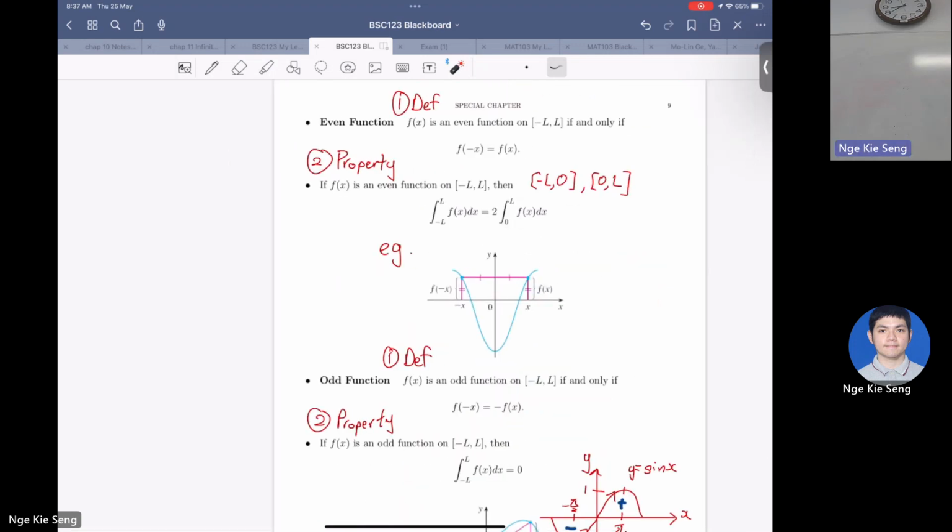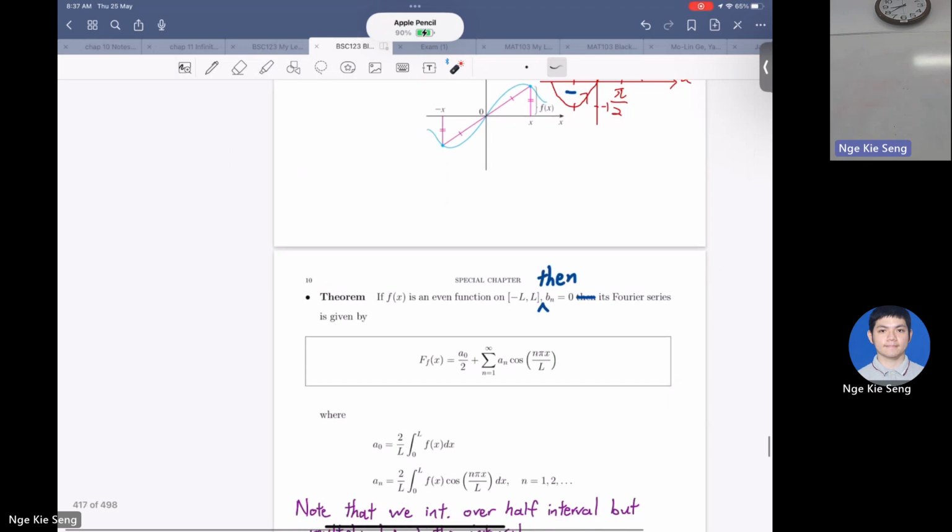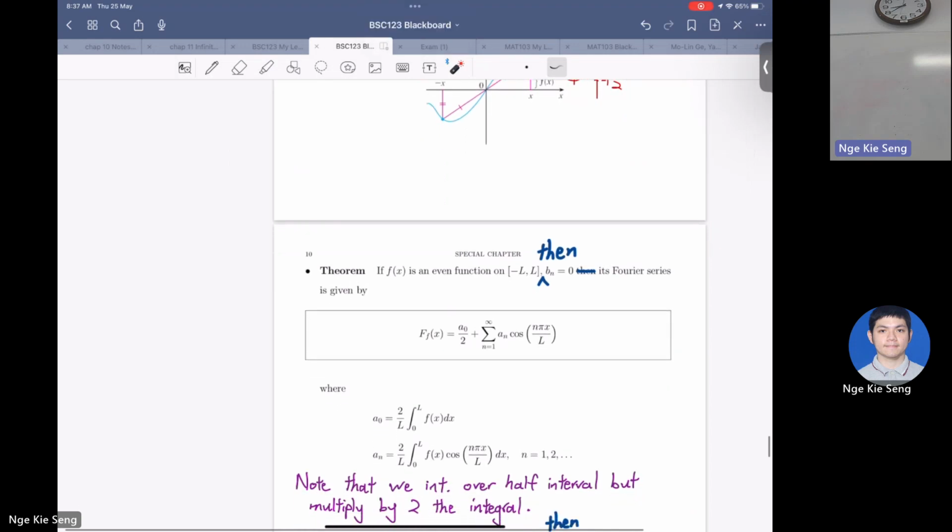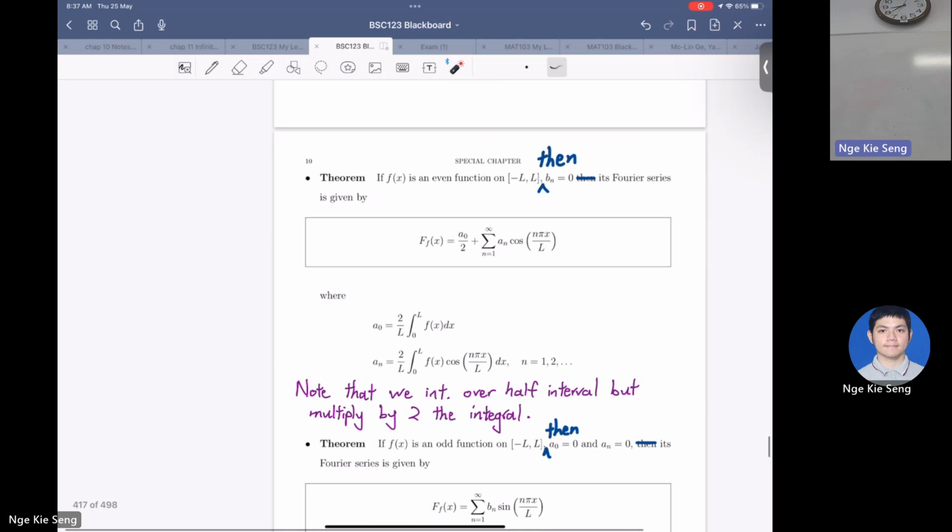The miracle here is we can approximate an even function using cosine waves, because cosine is even. If you really do the computation, you will find the coefficient of sine is actually 0.